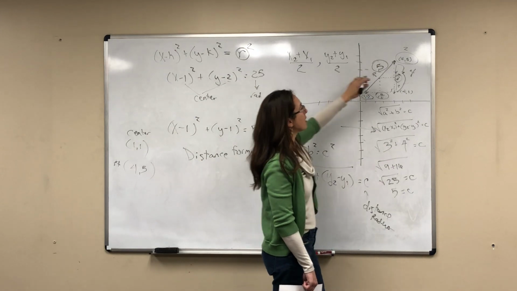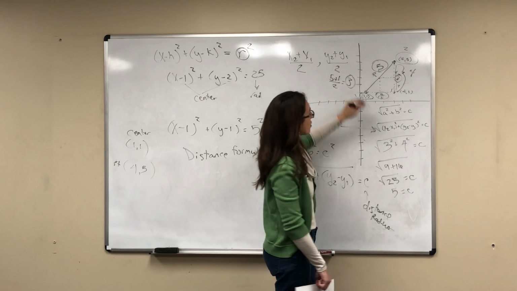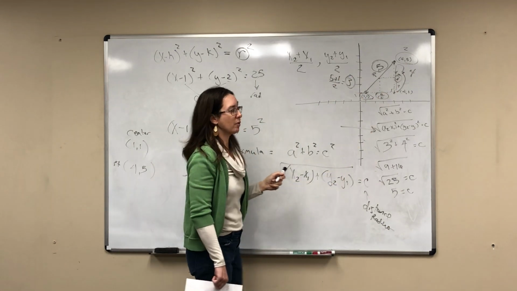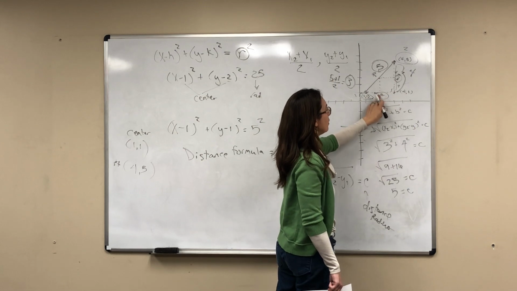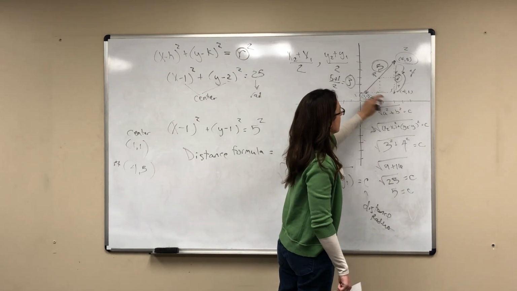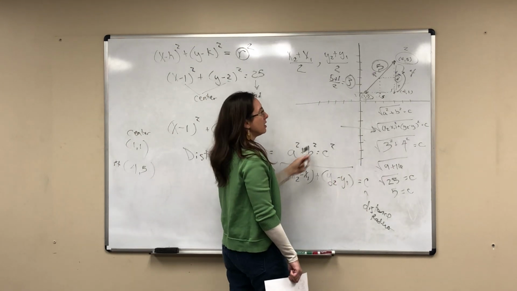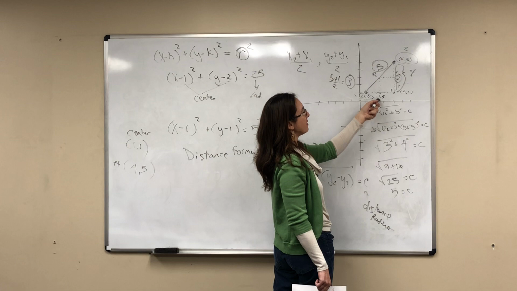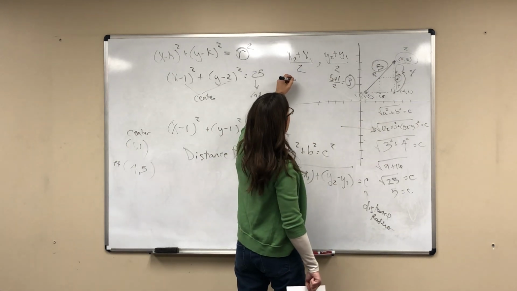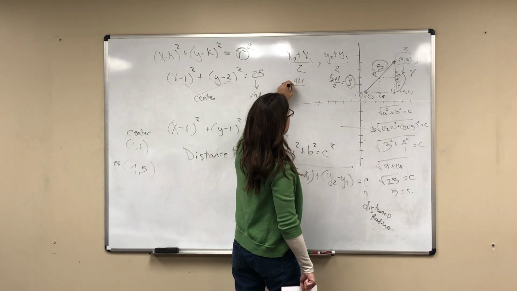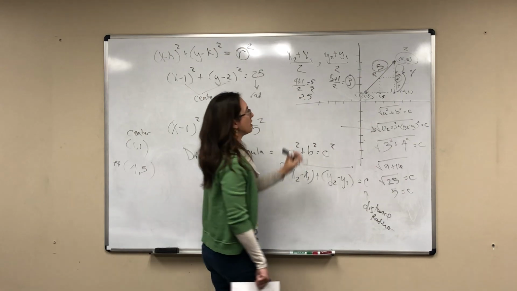Is that what I ended up with, 5 plus 1 divided by 2 equals 3? We got the same number, right? Yes. So same thing here. If I go between 1 and 4, I've got a distance of 3, so halfway is going to give me 1 1/2. So 1 plus 1 1/2 is 2 1/2. So I have 4 plus 1 divided by 2, which equals 5 halves, which is 2 1/2.